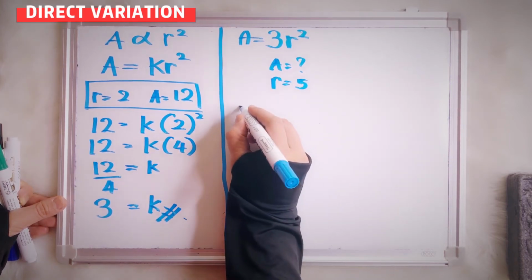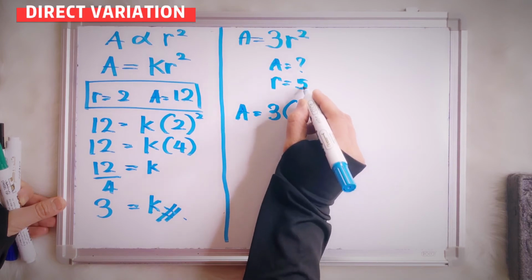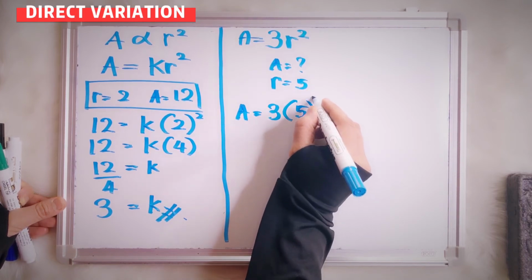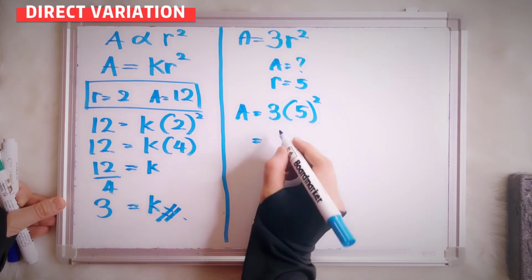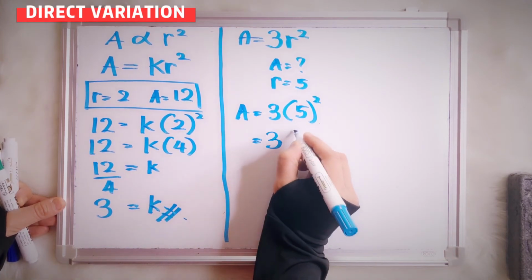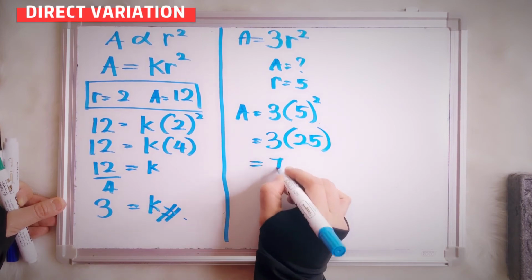So now A equals 3, your r now 5, right? 5 square. Okay, so now, 5 square, you have 25, right? Times with 3. Okay, so here 25. So now your A is 75.